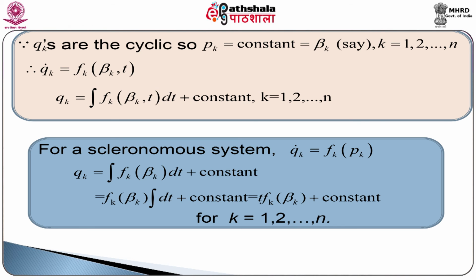Thus, we have qk equal to t into fk function of beta k plus constant for k equal to 1, 2 up to n. So, the coordinates are linear functions of time t as qk is given by t into a function.